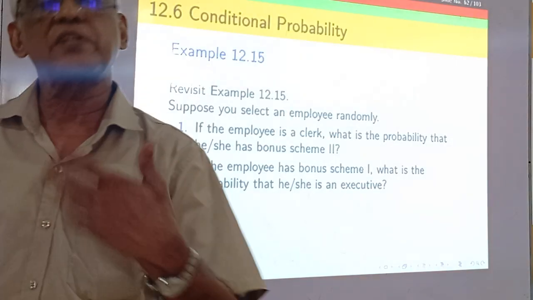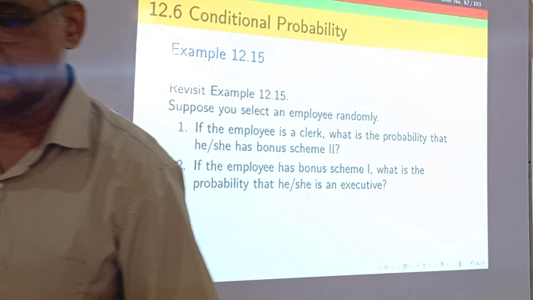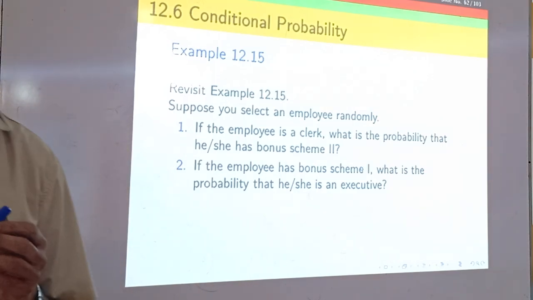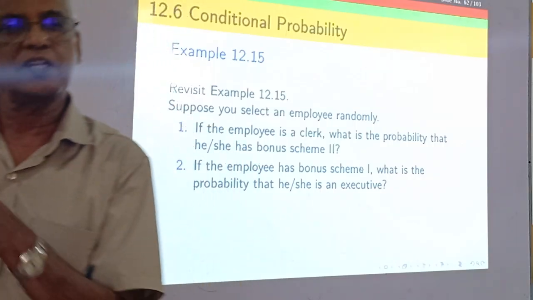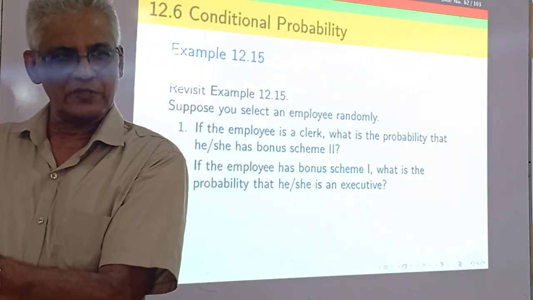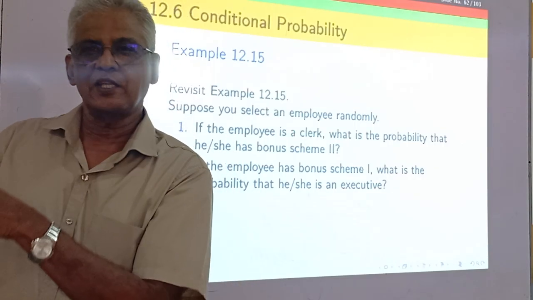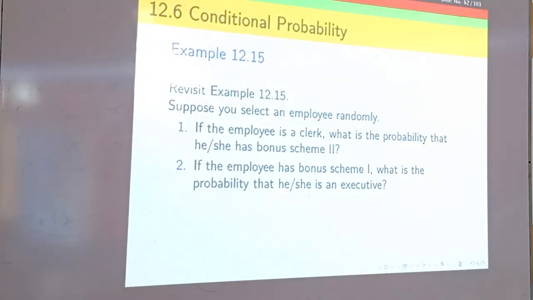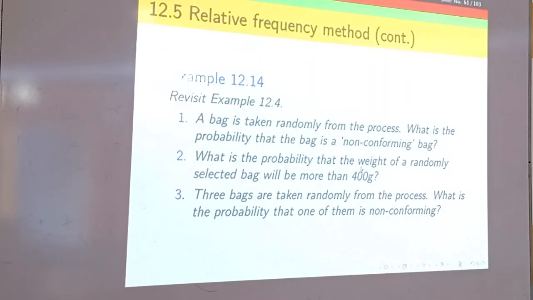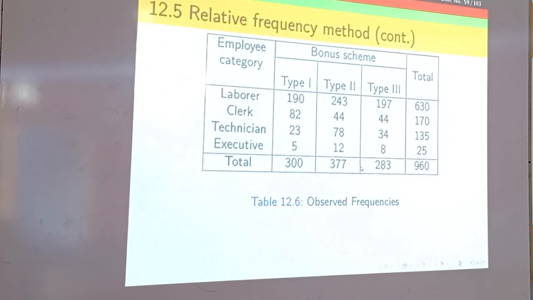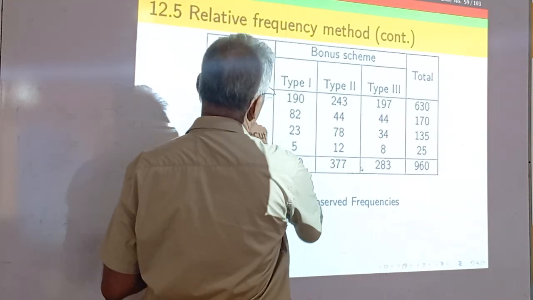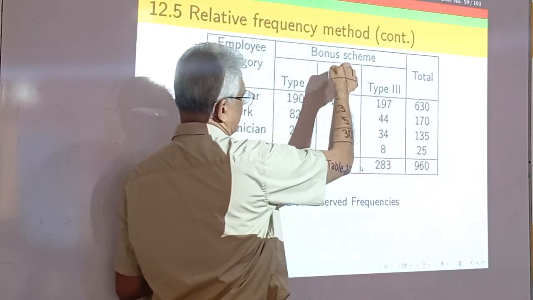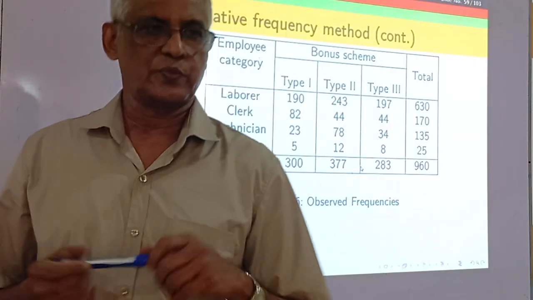If you randomly select an employee, and the selected employee is a clerk, what is the probability that he has a bonus scheme too? Now, conditioning on the fact that we know the person is a clerk, what is the probability that he has bonus scheme too? So now we are looking at only a subset of the previous. Out of the clerks, what is the probability that the person has type 2?